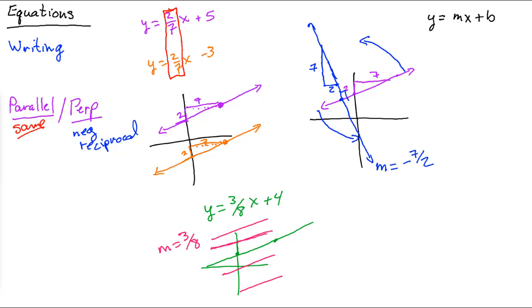However, the perpendicular slope, on the other hand, would come down this way. There are billions of lines with that slope, and that slope would be a negative 8/3. So a negative reciprocal.